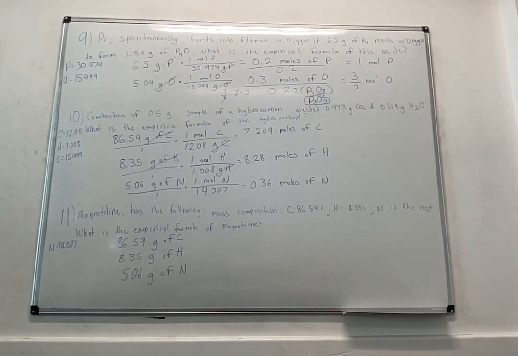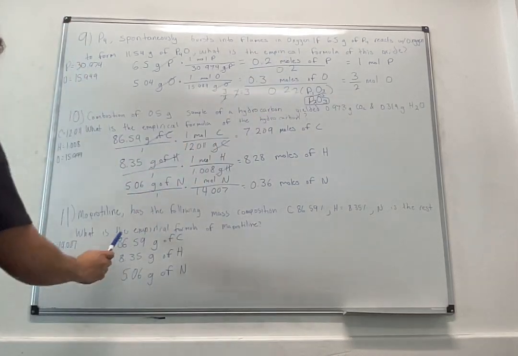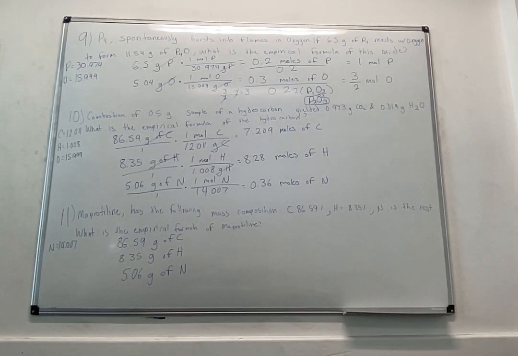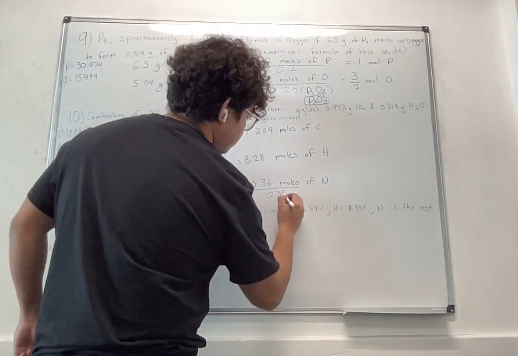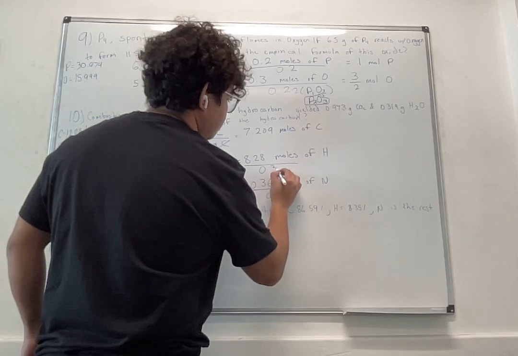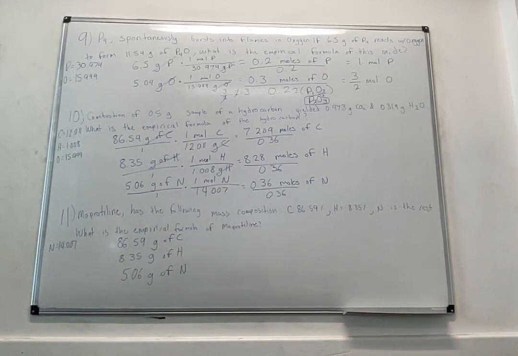And remember, anytime you get empirical formula on your question, you gotta divide by the lower number of moles. So here, obviously, 0.36 moles of N is our lowest one. We're going to divide all of these by 0.36. So we divide 7.29 by 0.36.